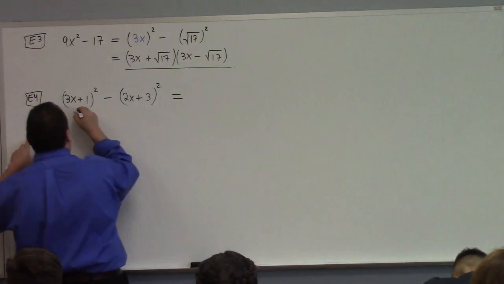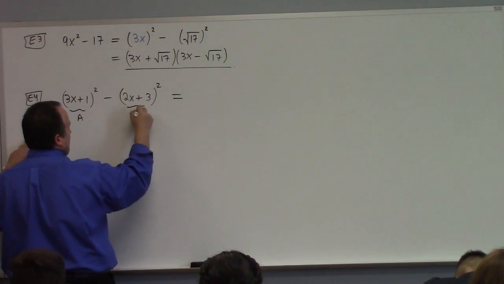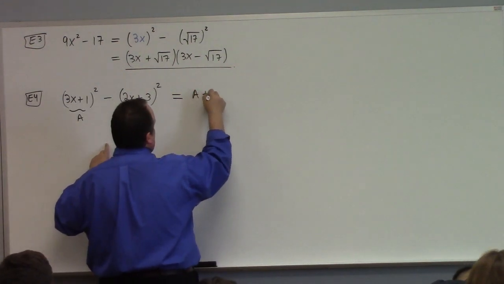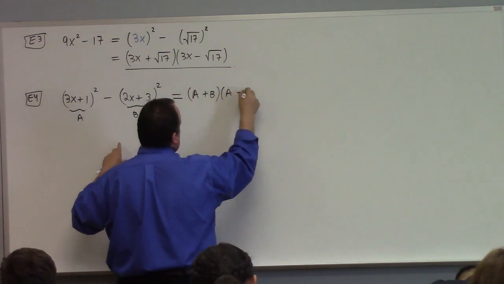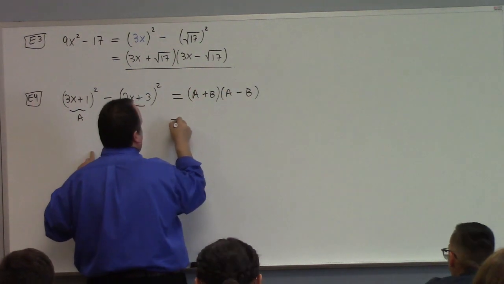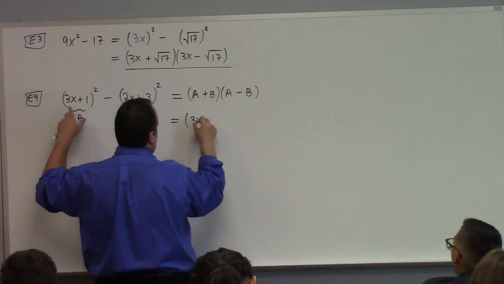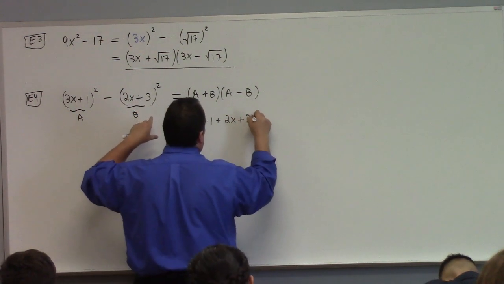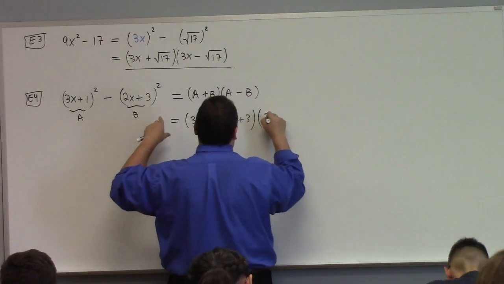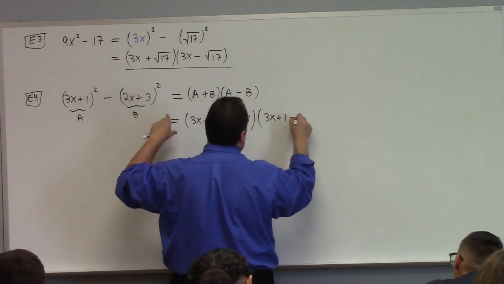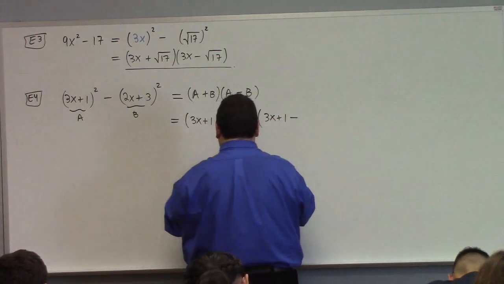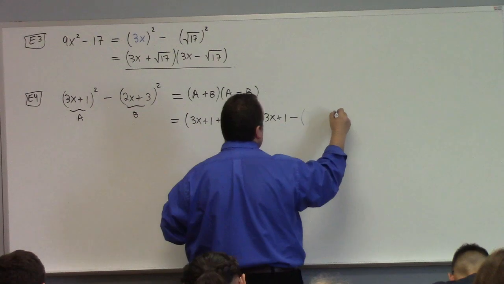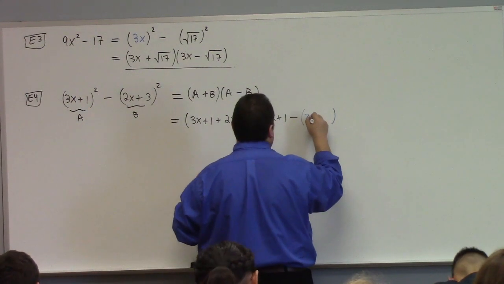We think of this as A, think of that as B. Basically, we just write down A plus B times A minus B, which works out to 3x plus 1 plus 2x plus 3, times 3x plus 1 minus, and I would urge you to put a parenthesis here to make sure you distribute this minus to the totality of the B term, which is 2x plus 3.